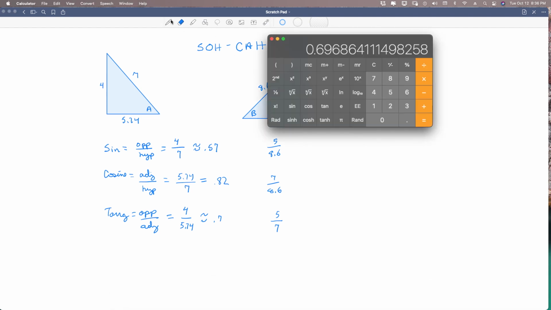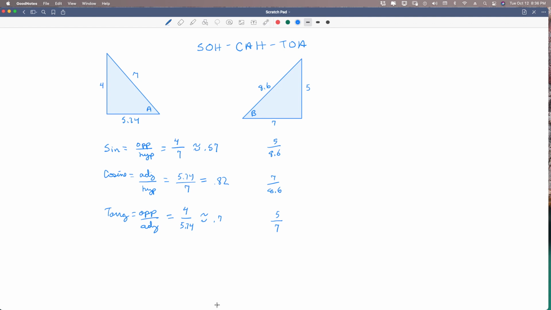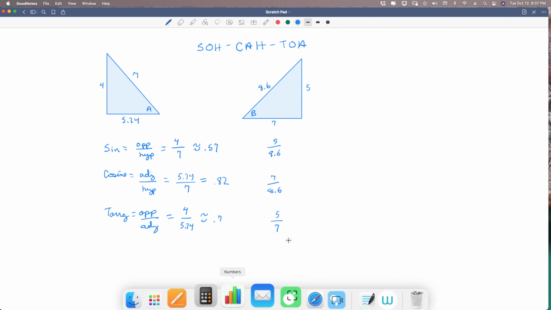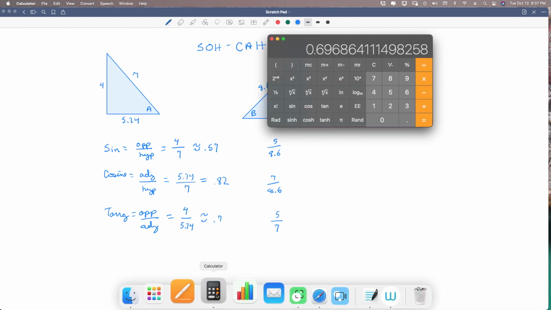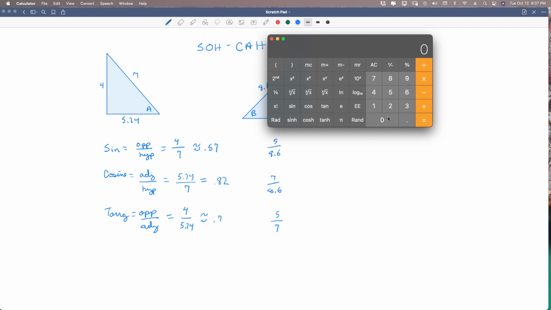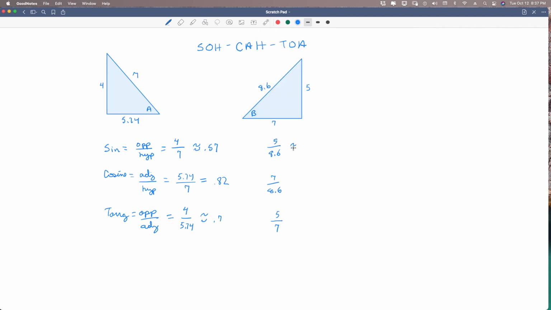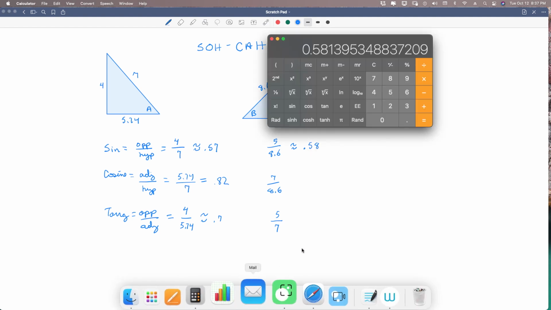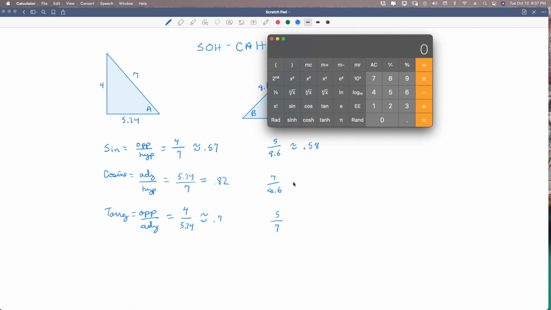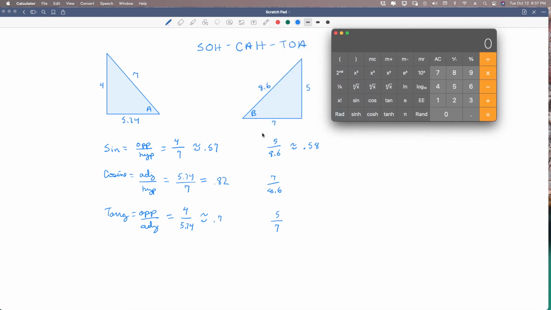All right, so here we go. Here's our calculator. So 5 divided by 8.6 equals approximately 0.58. Okay, so let's look at our cosine of this triangle.